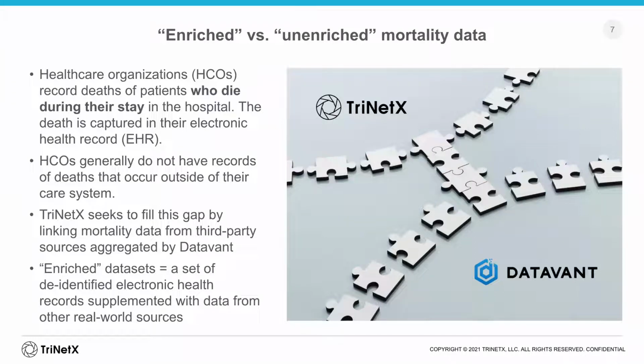Where you see a cohort of patients coming from an enriched data source, we've taken their electronic health record and linked it to a mortality source, bringing in this additional mortality source. So their data is enriched with additional information that you would not see if you were using the EHR data alone. The unenriched data is the same underlying data, just without the link to the mortality information.